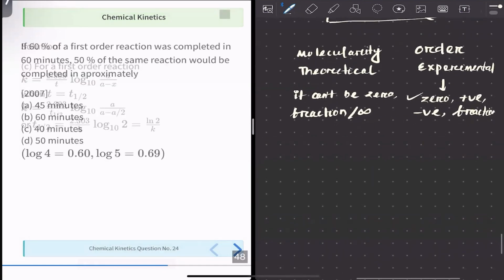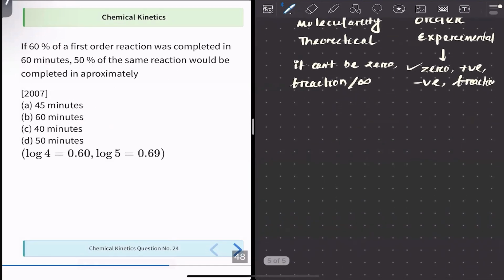Question number 24. If 60% of a first order reaction was completed in 60 minutes, 50% of the same reaction would be completed in approximately. So given is 60%, means if the earlier amount was 100, A naught was 100, now A is 40.